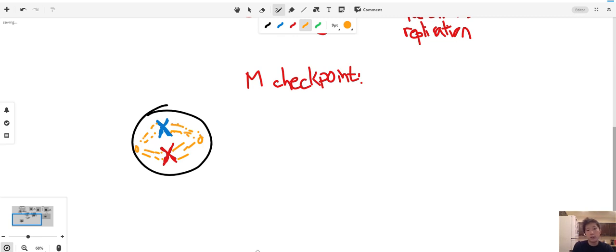Okay. So at this checkpoint, what we're doing is the cell is checking for that bipolar tension, okay? We want to ensure that the chromosomes are aligned properly prior to anaphase, before the chromosomes get split apart.